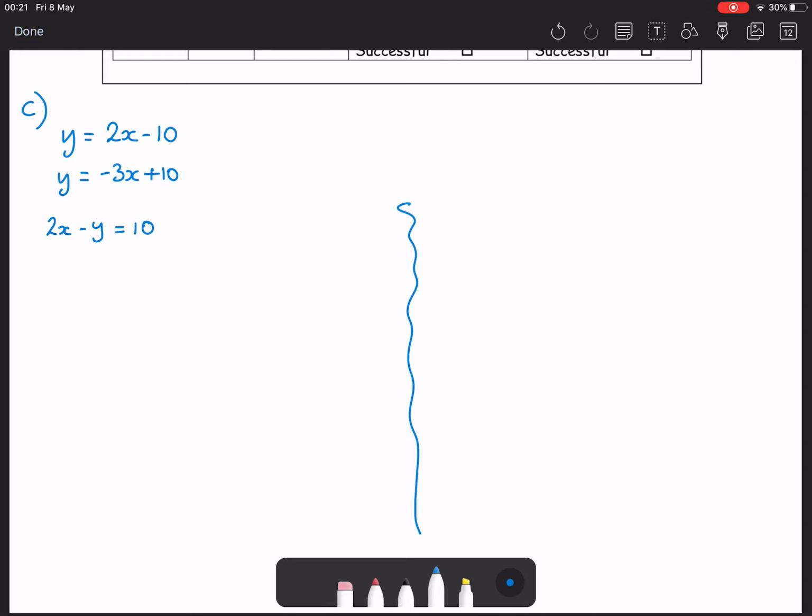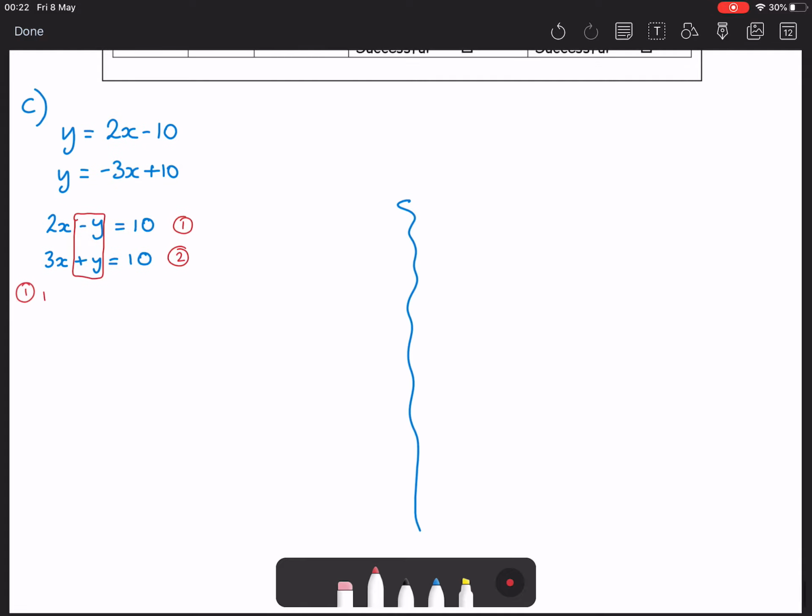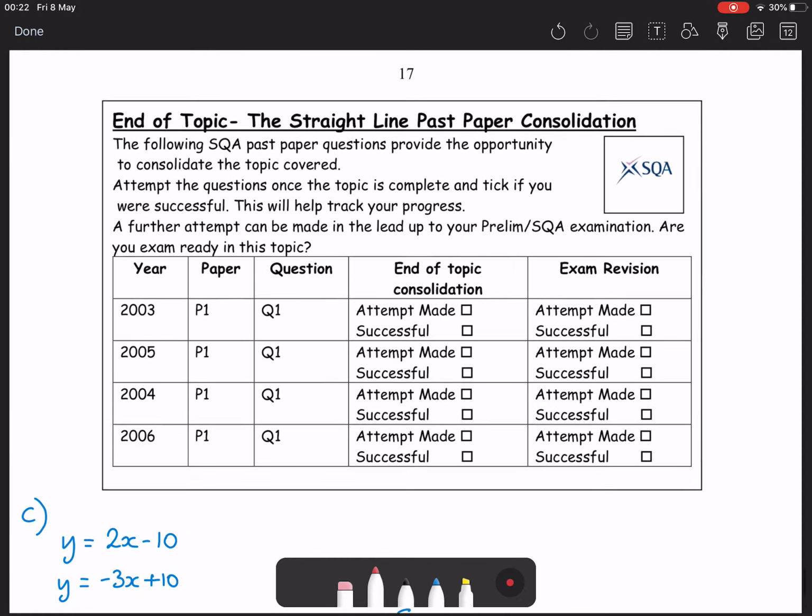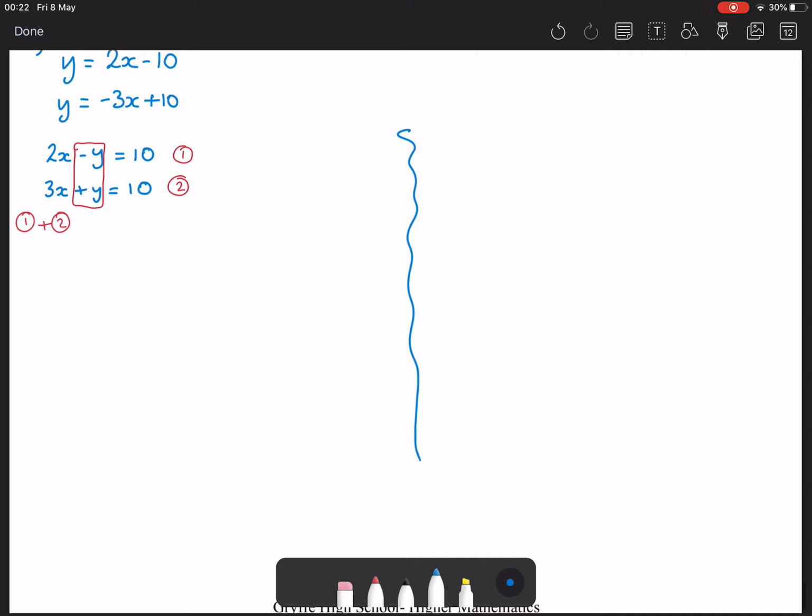And my second equation, 3x plus y is equal to 10. So equation 1 and equation 2, I've got my elimination lined up. So if I take my first equation and add it to my second equation, I will eliminate my y.